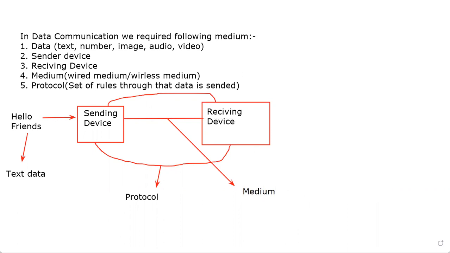So this is all about data communication. This is the whole idea of data communication. I hope you get the point. From this scenario, I think you get each and everything.